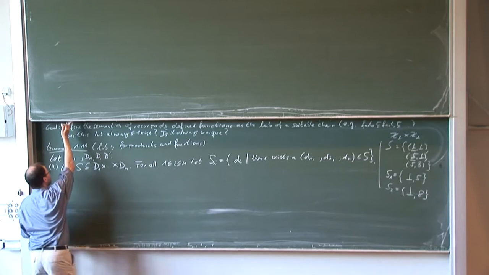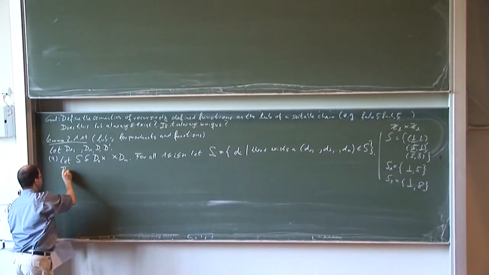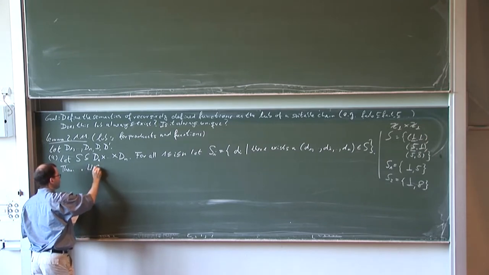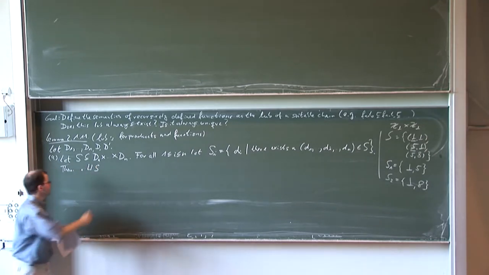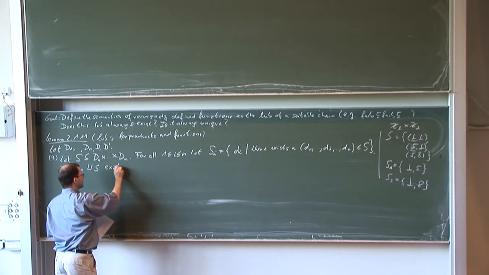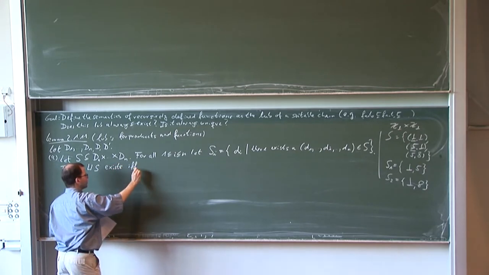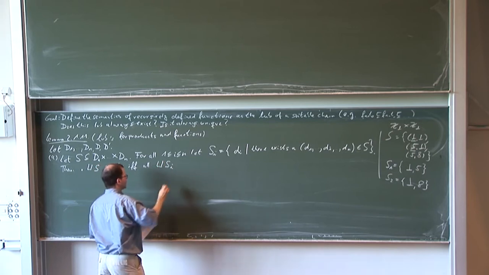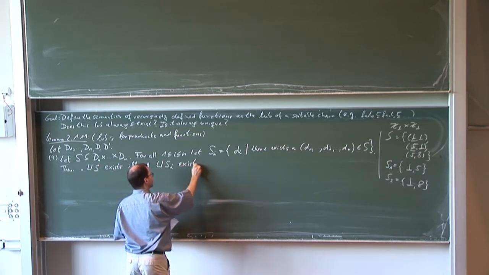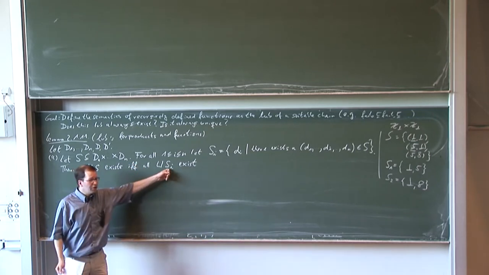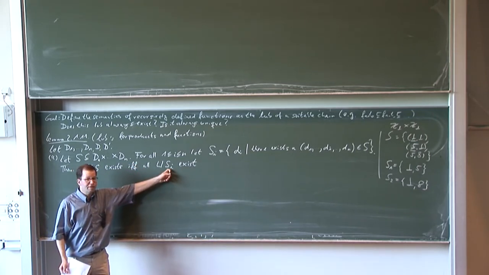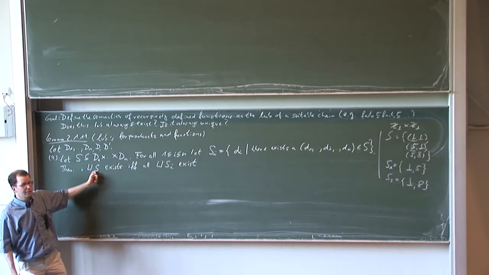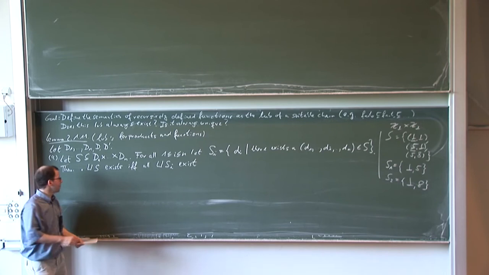And then we have the following properties. The least upper bound of S exists if all least upper bounds of the SIs exist. So if all these projection sets have a least upper bound, then the set of the tuples has a least upper bound as well, and vice versa.